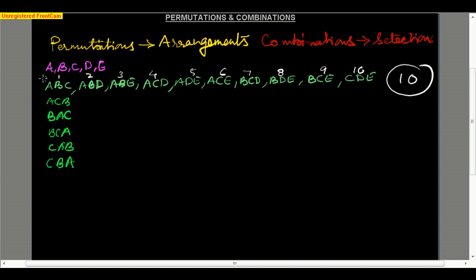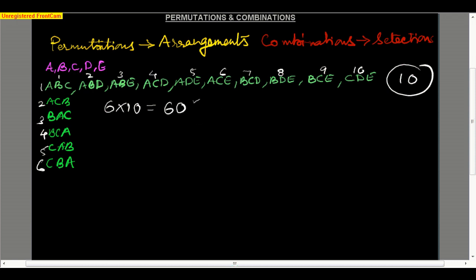So we can arrange these in 1, 2, 3, 4, 5, 6 ways. So one selection we could arrange in 6 ways. There are 10 selections, so we could arrange in 6 into 10 ways. So we can arrange the data in 60 ways.